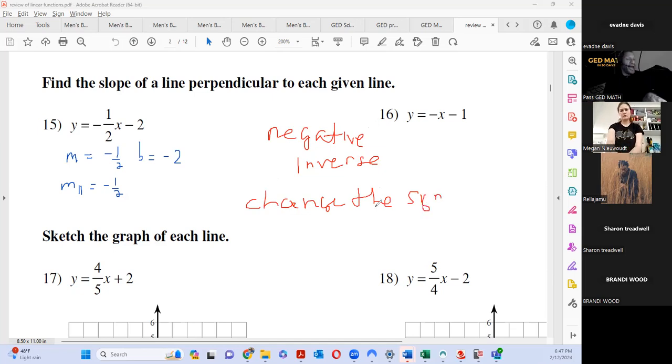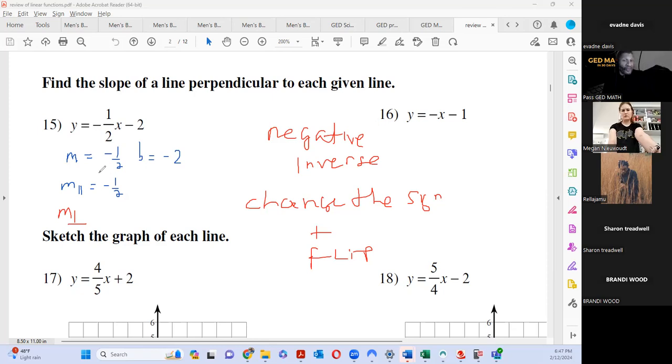The opposite of positive is what? Negative. The opposite of negative is what? Positive. That's all I mean by changing the sign. And flip. So, to find the slope of the perpendicular, I'm going to change the sign and flip.